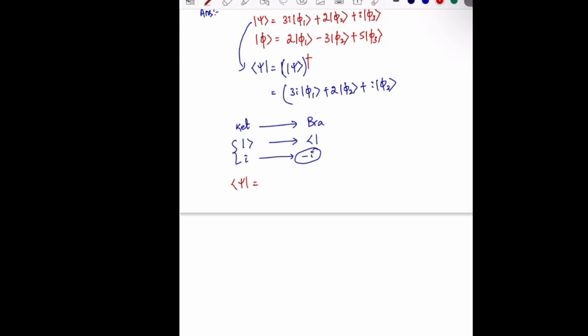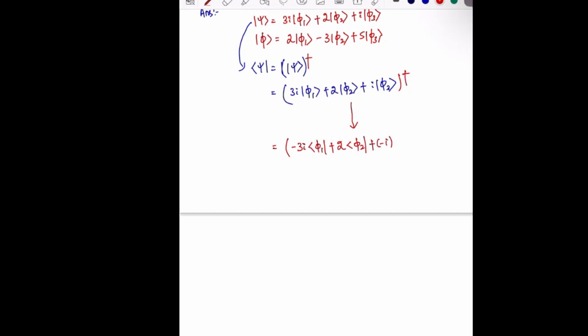So the bra of psi must be equal to 3i dagger. So if you want to find out the final expression, here i is there, so it will become minus 3i, the ket vector will become a bra vector, plus 2 is a real number, so it will be 2 bra phi 2, plus here i is there, so it will become minus i phi 3.